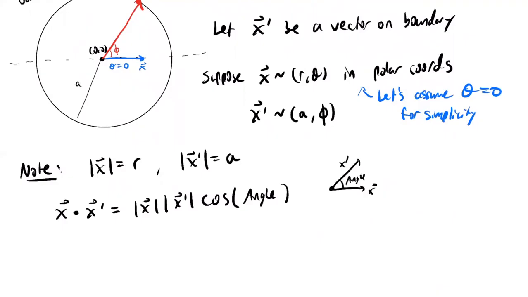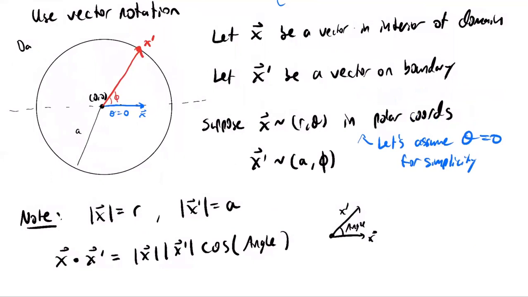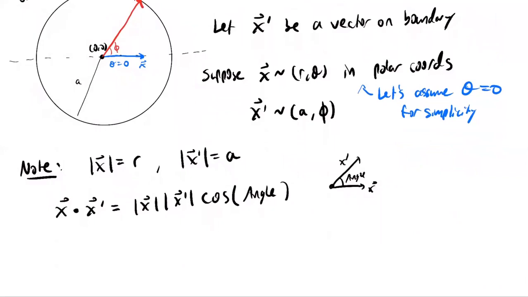In this particular case, we're assuming for now that theta is equal to 0, and so the vector x is along the horizontal axis. If x prime makes an angle phi with that axis, then x prime also makes an angle phi with x. So this simplifies to: length of x is r, length of x prime is a, and then we have cosine of phi, because we're assuming that theta is equal to 0 for simplicity for this particular choice of x.